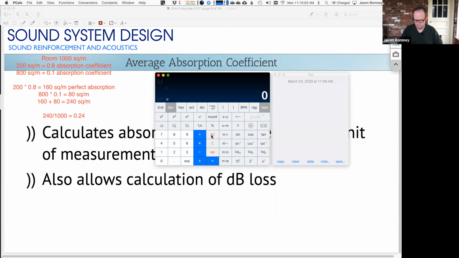So I'm going to say 10 times log 10 of 0.8. That means we have about minus 1 dB based on the absorption. So the sound that comes back at us off the walls is going to be, on average in this room, about a dB quieter than it was when it hit the wall, which is not a whole lot.